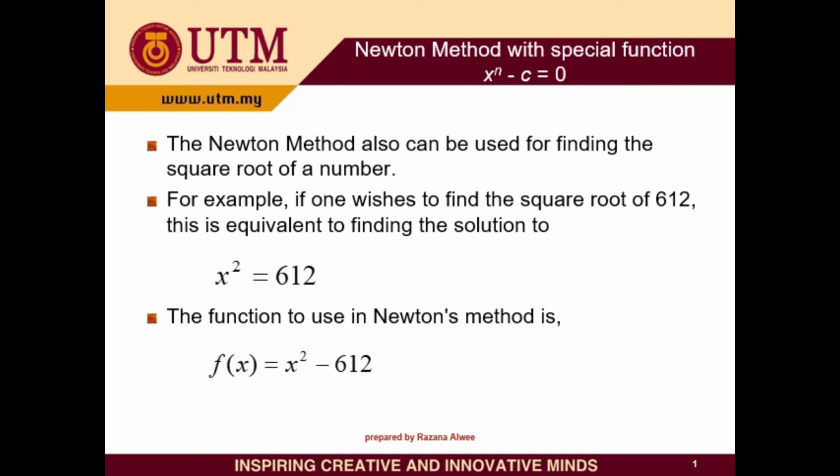We also have Newton method with a special function. Newton method can also be used to find the square root of a number. Let's say we want to find the square root of 612. This is equivalent to finding the solution of x squared equals 612. The function to use in Newton method is f(x) equals x squared minus 612.